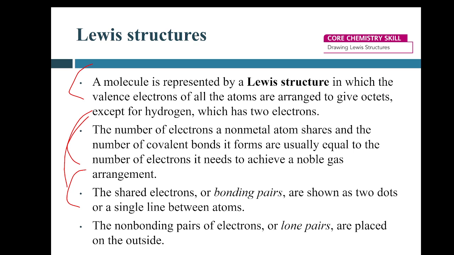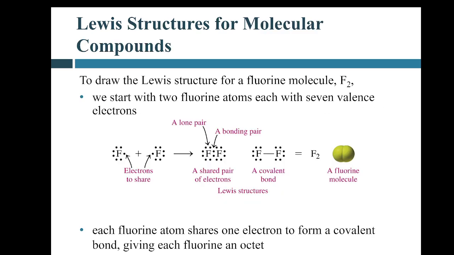They're pairs of electrons that are on one atom alone. So again, is everybody comfortable with bonding pairs of electrons and non-bonding? Excellent. These are typically how they're going to be referred to.